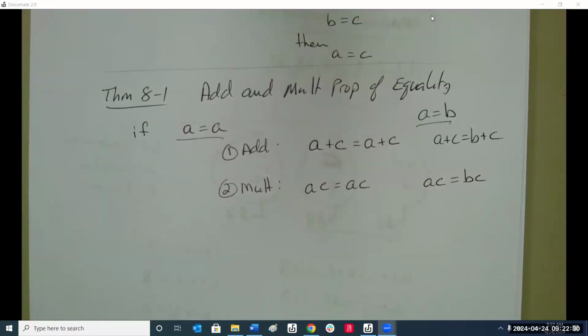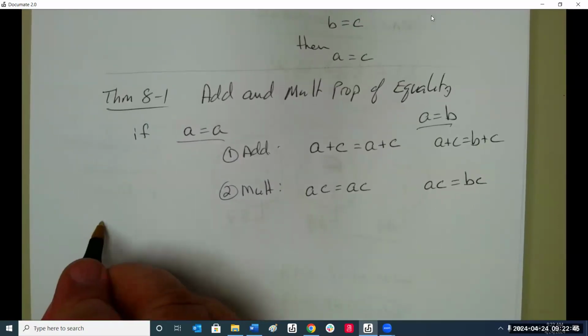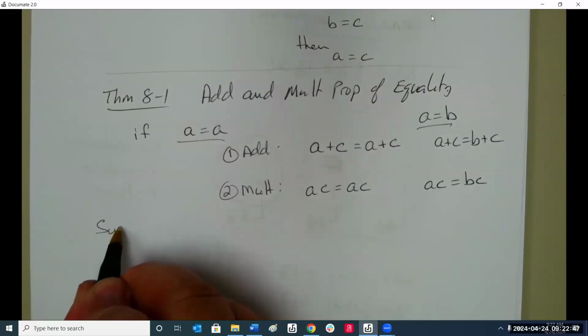How can we test those? This is called the substitution property.